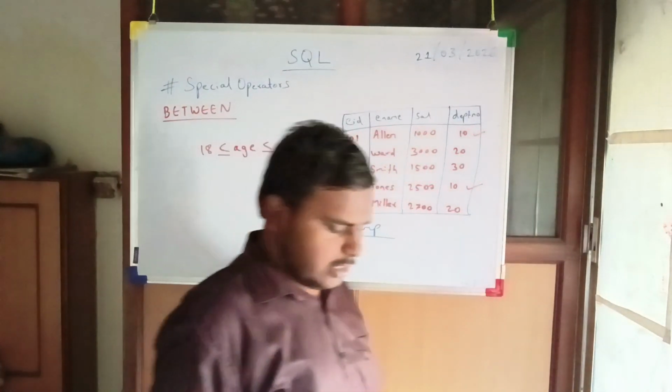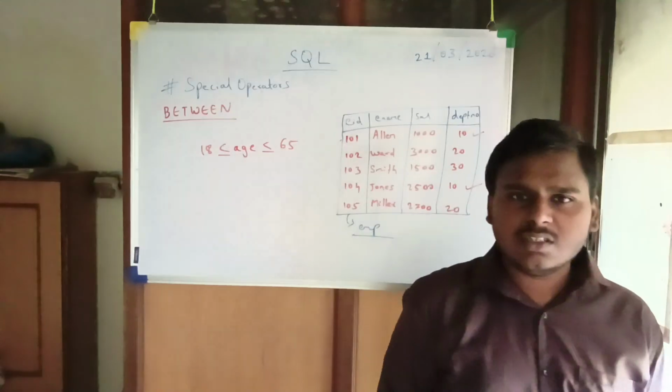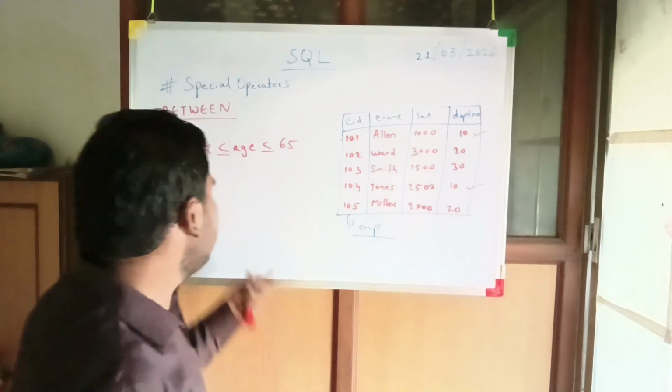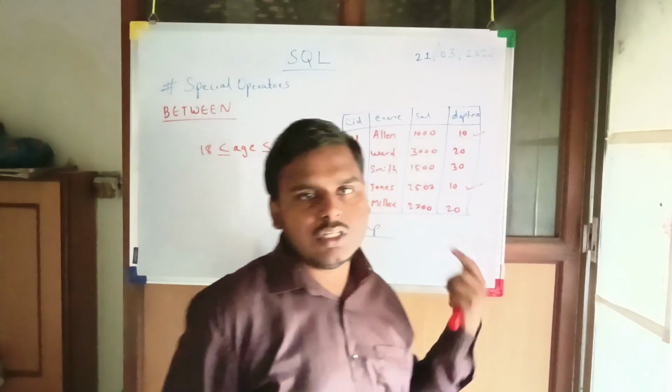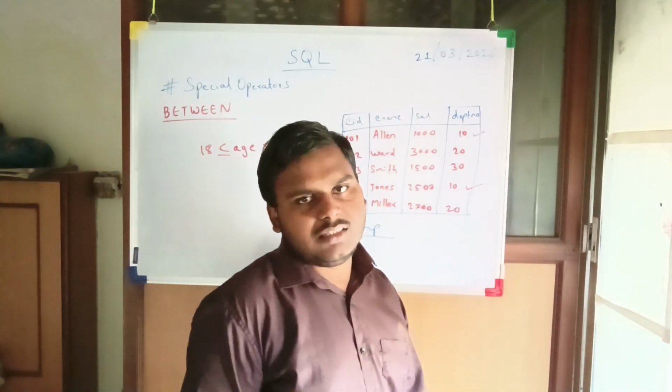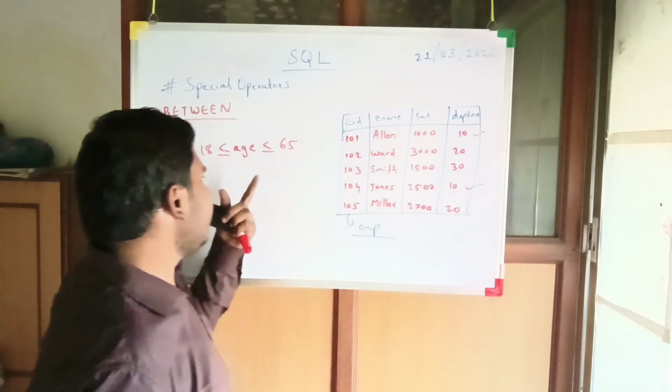So they have done the restriction. This is how we will write the query. If an age column is there, and I want to mention the restriction, I want the details of employees whose age is greater than or equal to 18 and less than or equal to 65.